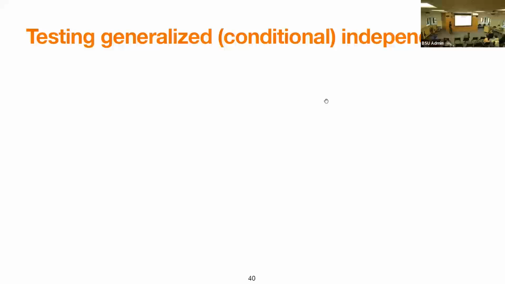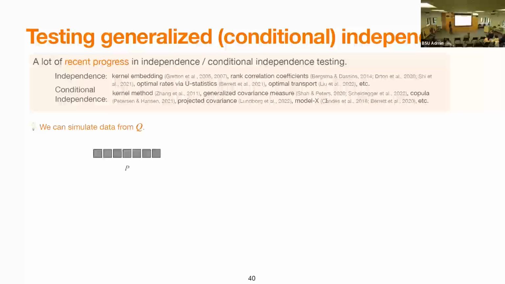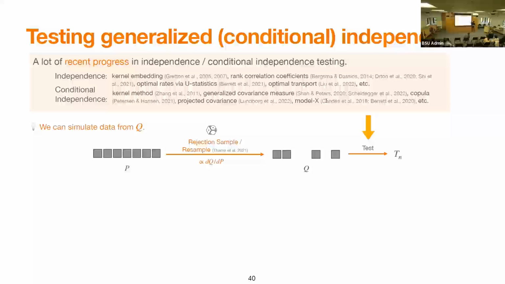And this motivates a randomized procedure. I can use sampling to retarget P to Q according to this density ratio. For example, I can run a rejection sampler that selects a subsample that represents this idealized, completely randomized trial I didn't run. On that trial, I can use any off-the-shelf testing procedure for testing independence, and that becomes a test for my no direct effect hypothesis. But this is obviously a randomized procedure.